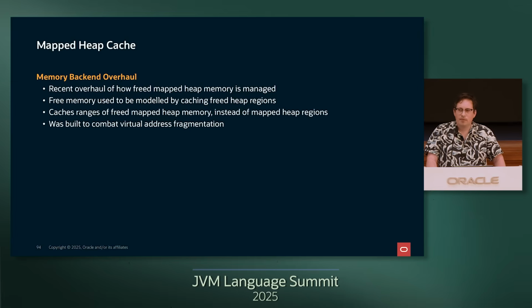This was a little bit problematic in terms of virtual address space fragmentation. So a lot of work has been done to revamp this and create a new way of managing this memory, where ranges of freed memory are cached in something like a map heap cache instead.